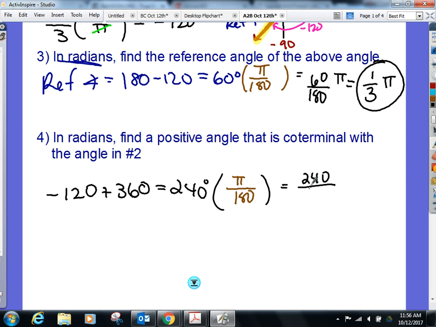Just let me know what 240 over 180 reduces down to. Four thirds. So there's an angle that shares the same terminal side.